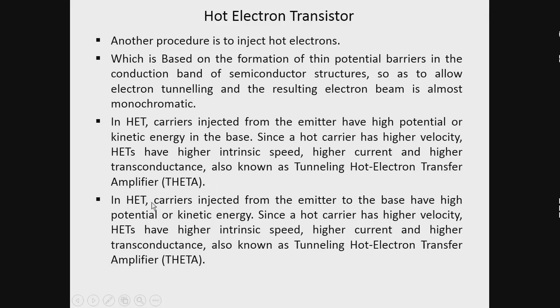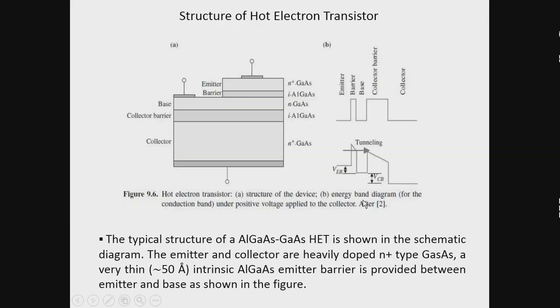In hot electron transistors, the carriers injected from the emitter to the base have high kinetic energy, as we have seen. Now let us consider the typical structure of an aluminum gallium arsenide hot electron transistor that is shown here.